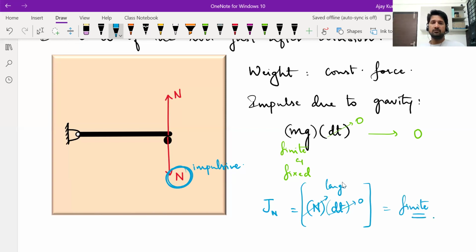That is what impulsive forces do. They are large magnitude forces which act for a very short duration, but the magnitude of force, which is very large, multiplied with the duration, which is very small, will be a finite change in the momentum of the system. They will produce a finite impulse. That's the difference between impulsive forces and non-impulsive forces. Anyway, so normal force here is an impulsive force.